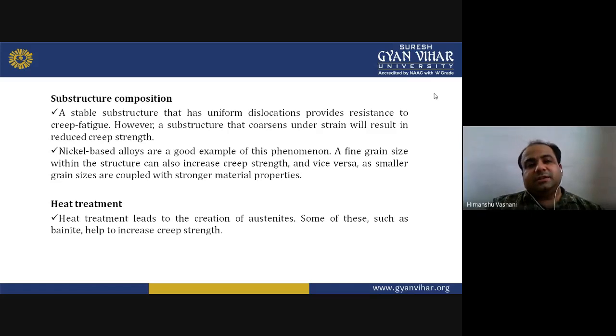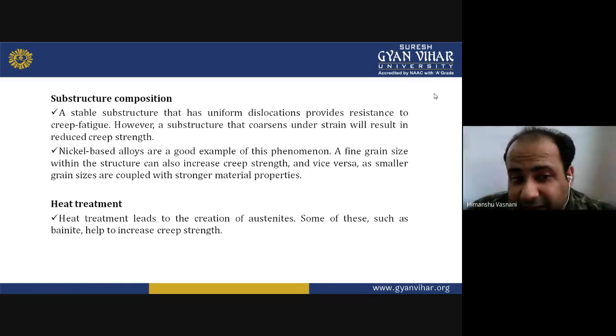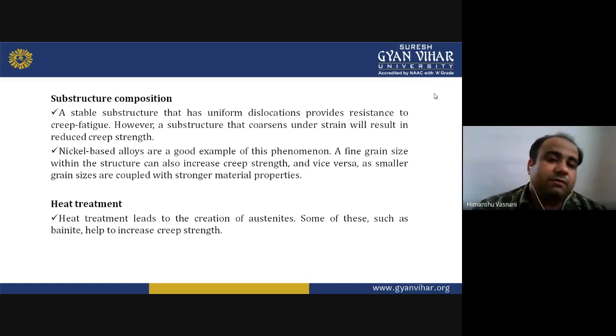The first is substructure composition. A stable substructure that has uniform dislocations provides resistance to creep fatigue. However, a substructure that worsens under strain will result in reduced creep strength. Nickel-based alloys are a good example of this.